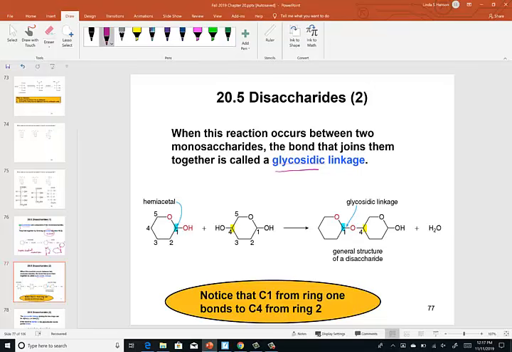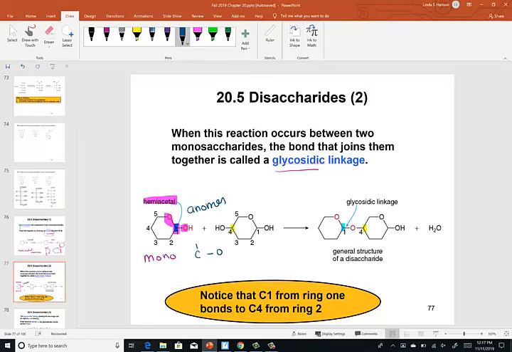In your notes, you have this drawn for you. I copied and pasted it to remind ourselves: in a monosaccharide, a hemiacetal linkage has the carbon at position number 1, the anomer carbon, attached to 2 oxygens.